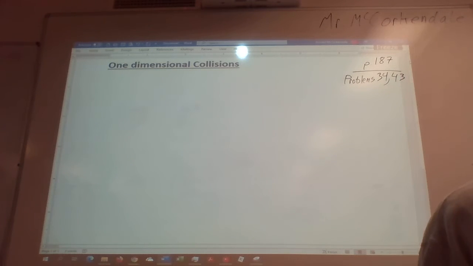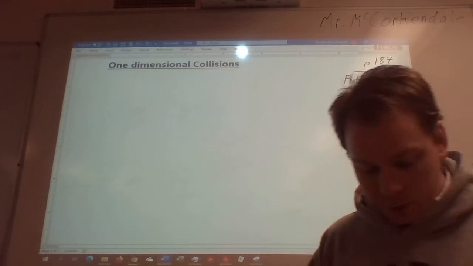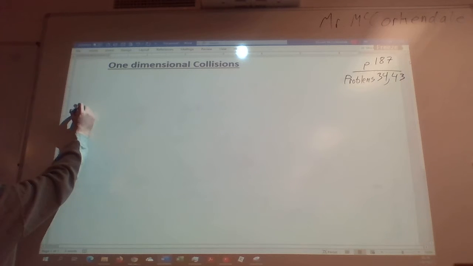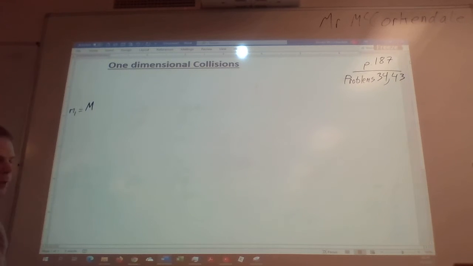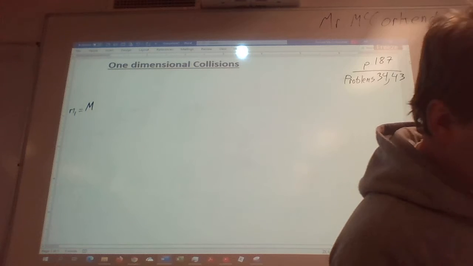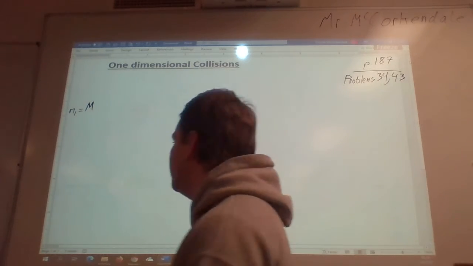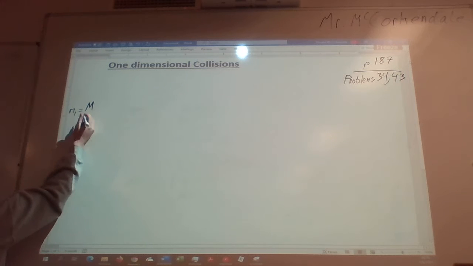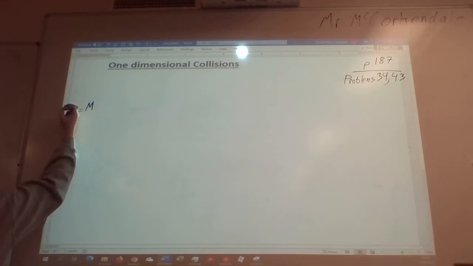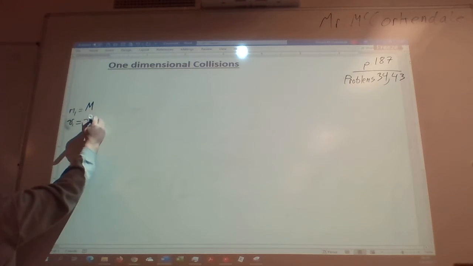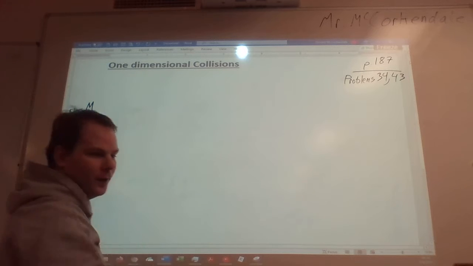All right. A railroad car of mass M, so M1 equals M, moving at a speed V1, so that would be V1 equals V1, I guess.